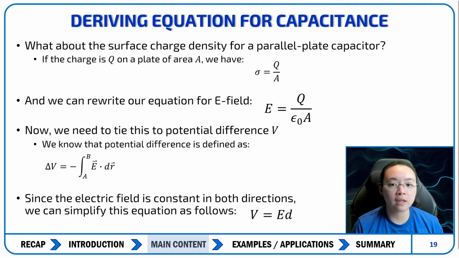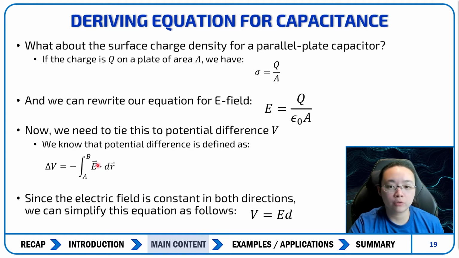And now we have to tie this to potential difference V. We know that the potential difference is defined as delta V equals the negative integral from A to B of E dr. Since the electric field is constant in both directions, we can really simplify this equation so that we have V equals E times D. So that makes sense.